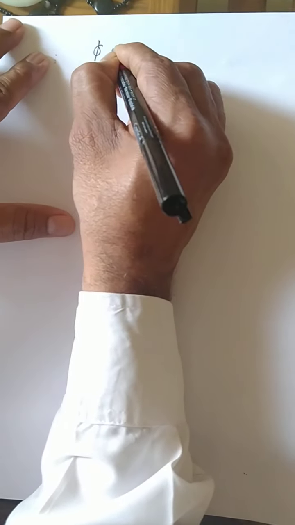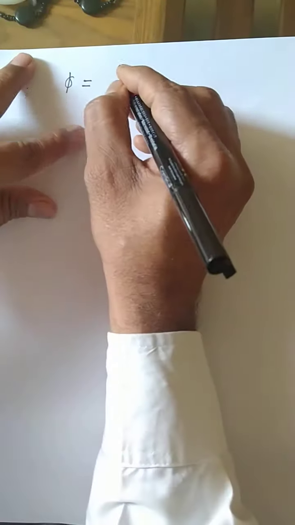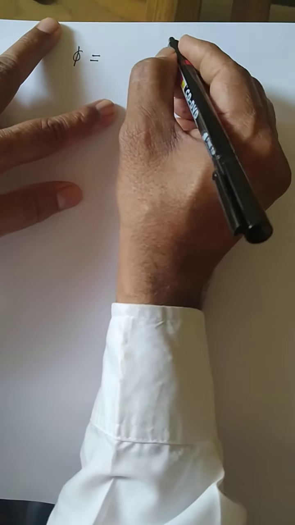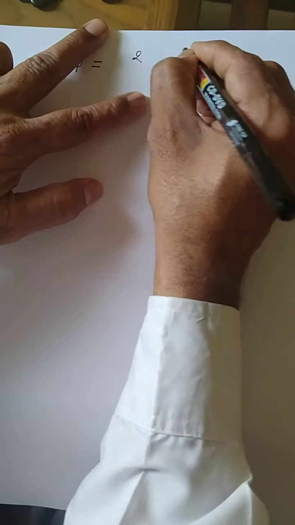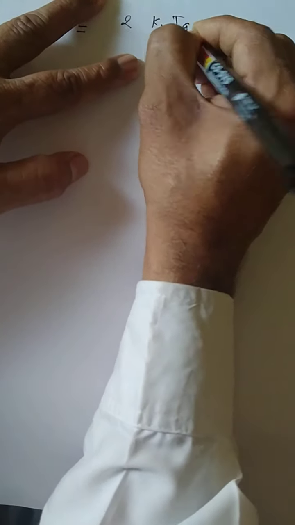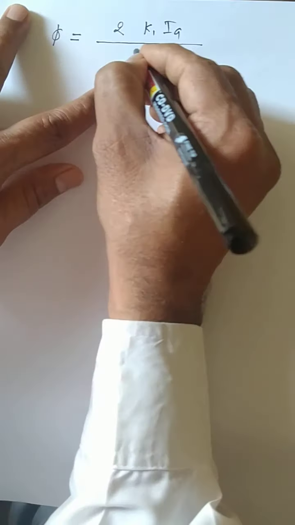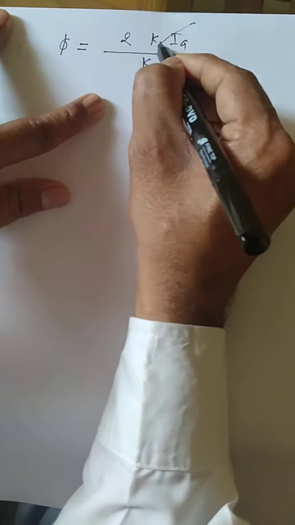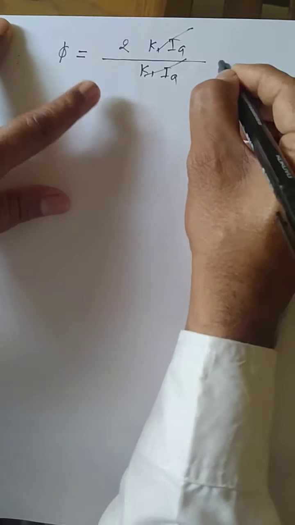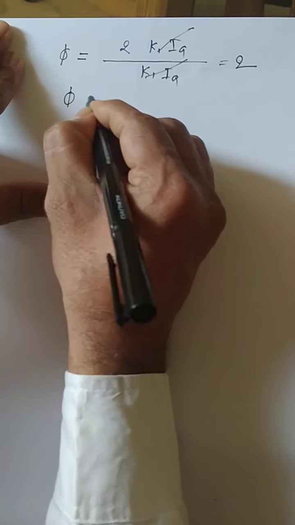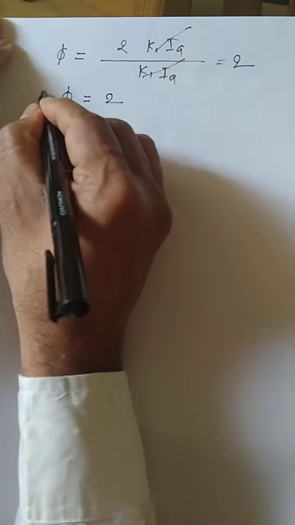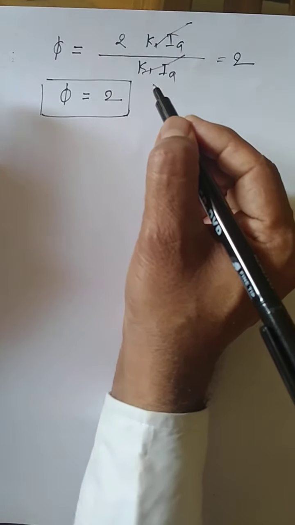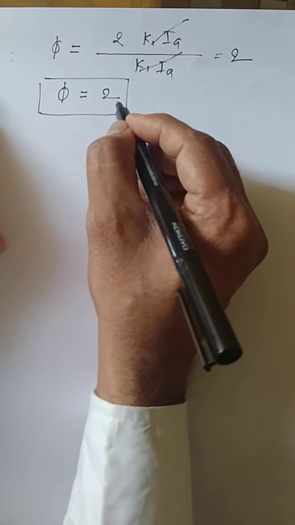Then quantum yield is equal to the rate of decomposition of HI, 2 into K1 intensity absorbed, divided by intensity absorbed in the reaction. Here the intensity absorbed cancels, we get 2. The quantum yield or quantum efficiency is equal to 2. As compared to a chain reaction, it is very low.